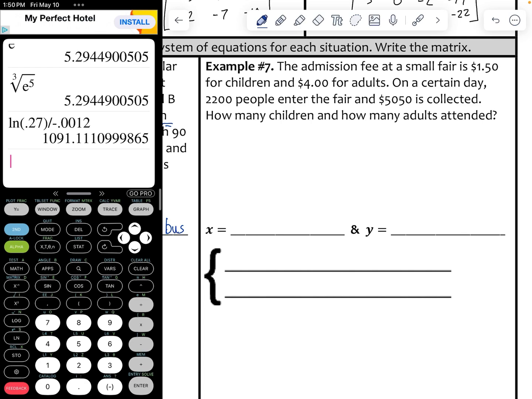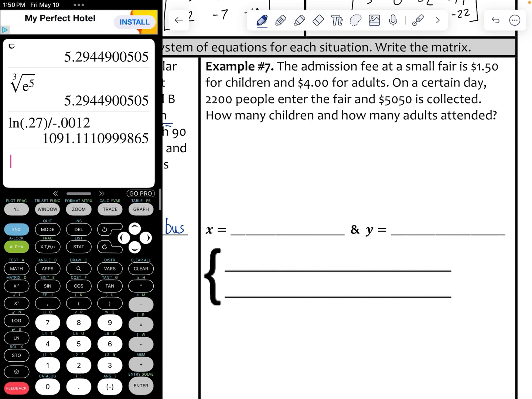Okay, so our 2 equations. We know that 2,200 people showed up. Since X is the total number of children and Y is the total number of adults, if we take X plus Y, we will end up with 2,200. And then for the total amount collected, we know that each child paid $1.50.